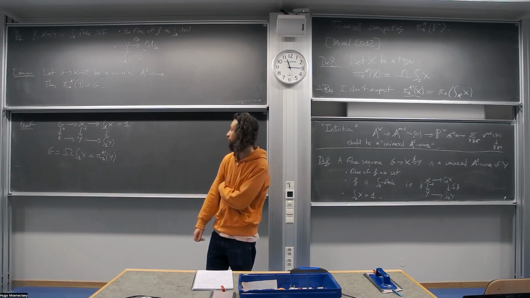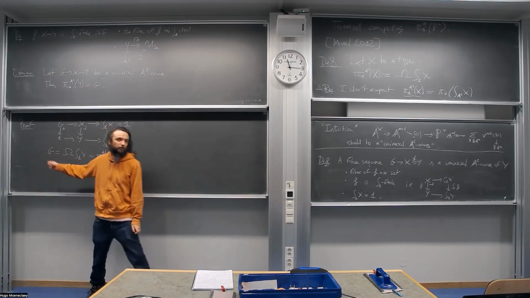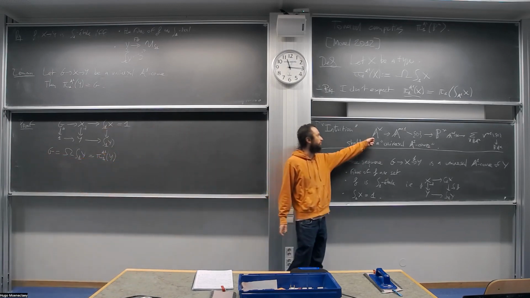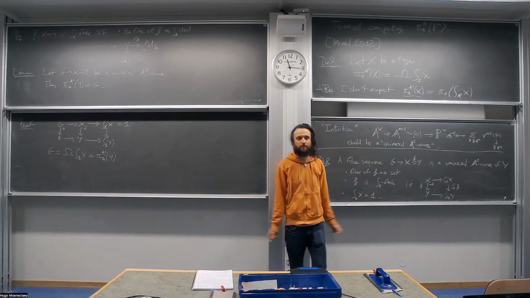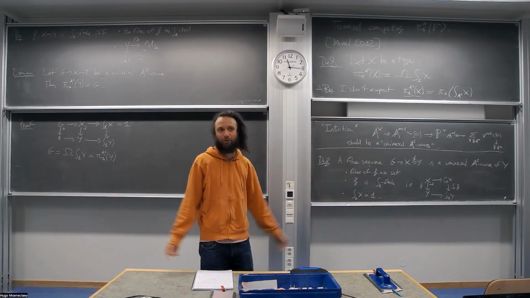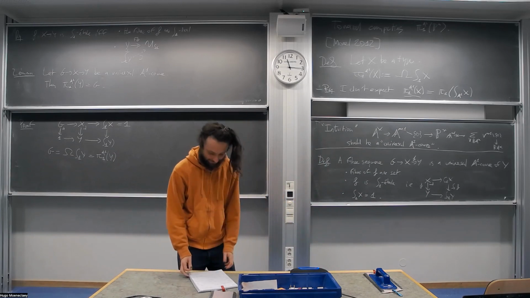So you always have a group action, but I did not check that the group induced was the same as the one on A times, but I mean it's the case.